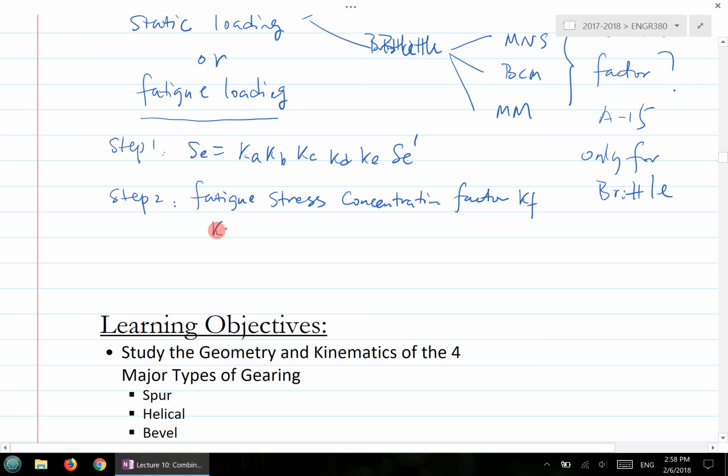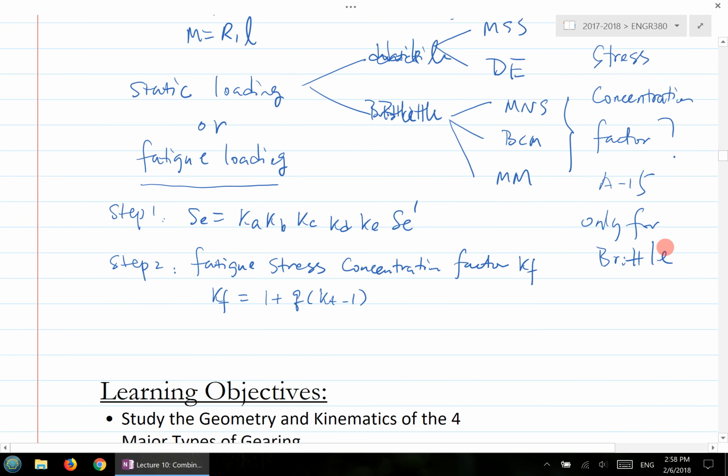The Kf calculation is 1 plus q times (Kt minus 1), where q is the notch sensitivity and Kt is from here.